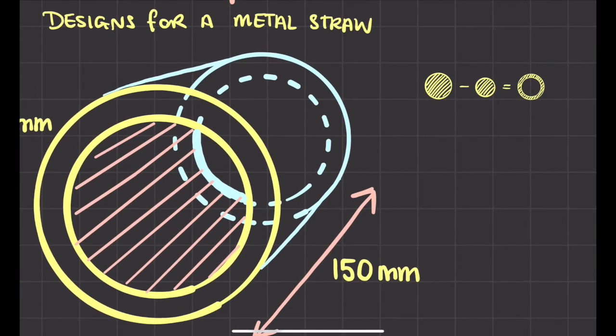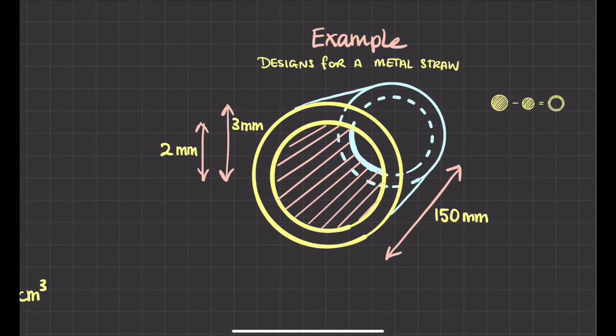So let's do that. The big circle has an area of pi r squared, so pi times 3 squared. So that's the big circle area. And I'm going to take away from that pi r squared, so pi times 2 squared, because 2 is the radius of the smaller circle. Let's pop that in my calculator and see what we get.